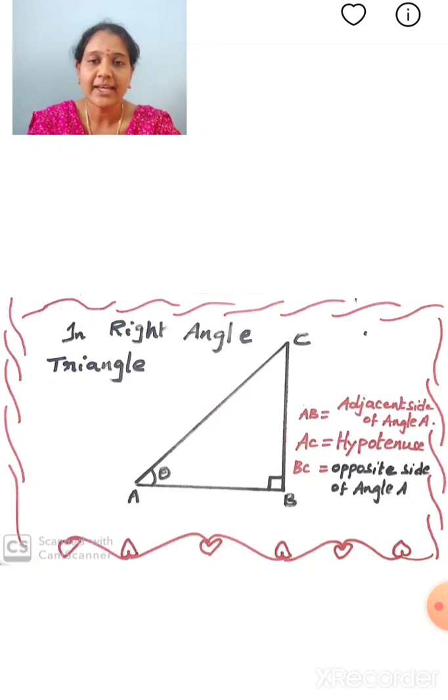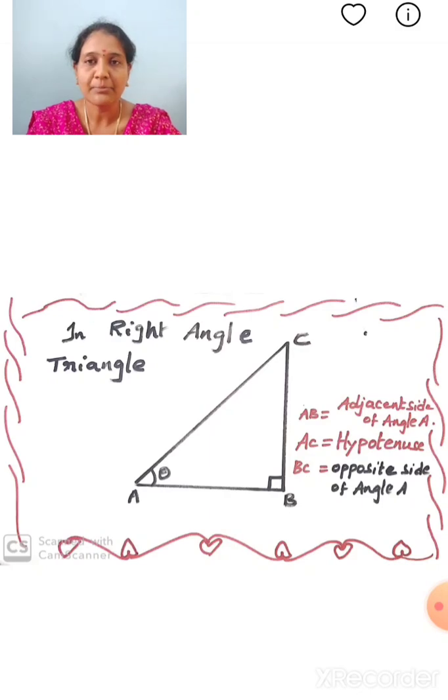At which vertex is the right angle? B vertex has the right angle. So AC is the hypotenuse, opposite to the right angle B. When we take theta at A, the opposite side to theta is BC and the adjacent side to theta is AB. So finally the hypotenuse is AC, opposite side is BC and adjacent side is AB.